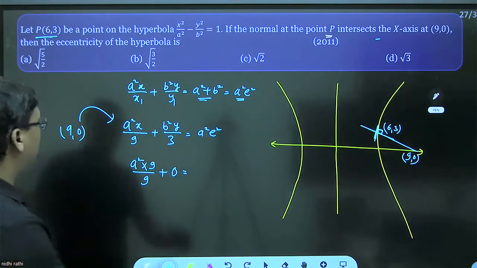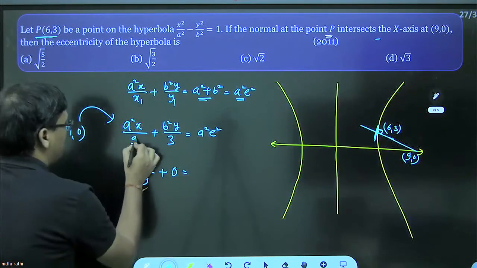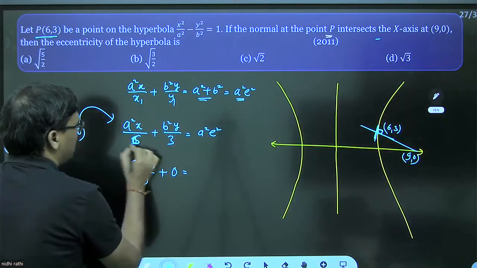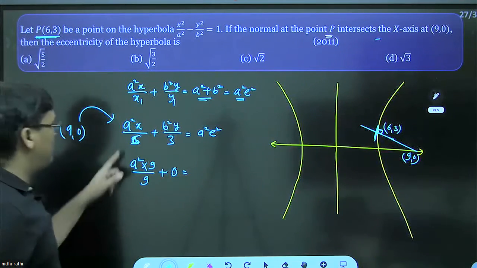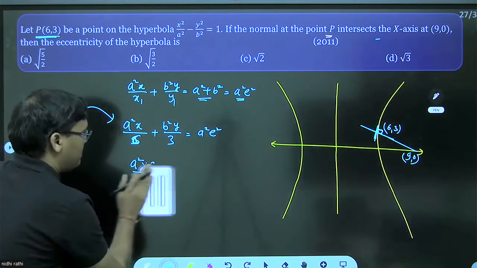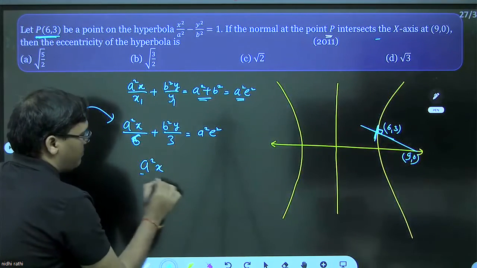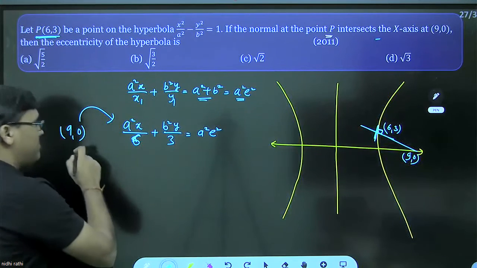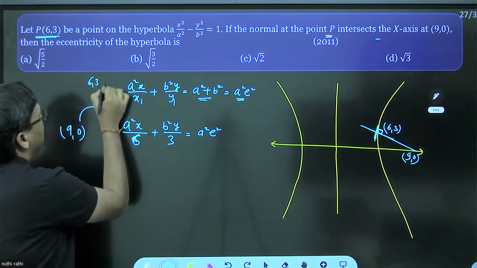The normal is at (6, 3), so x1 is 6, not 9. X1, y1 is the point (6, 3). Let's correct this: a square x upon 6. This is the equation of normal at (6, 3).